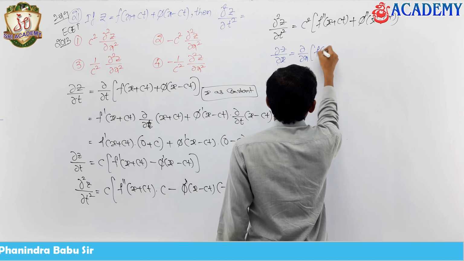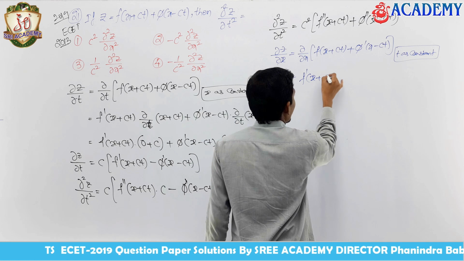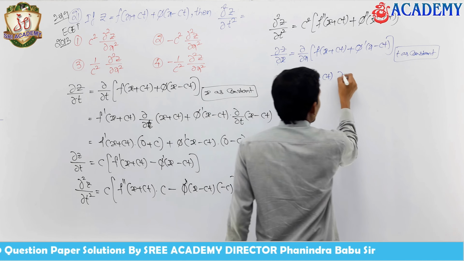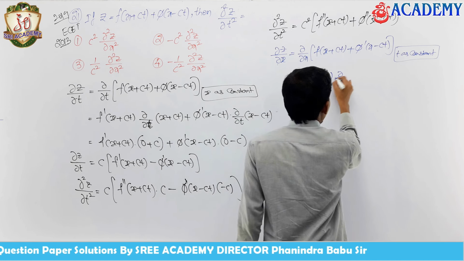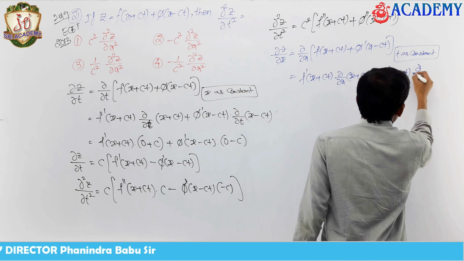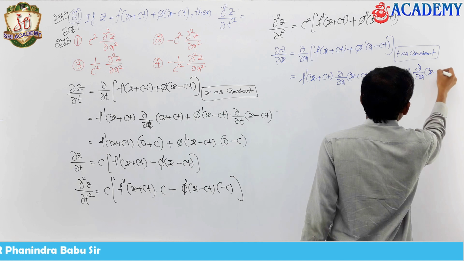So once again, function derivative f dash of x plus ct, into dou by dou x of x plus ct, plus pi dash of x minus ct into dou by dou x of x minus ct.